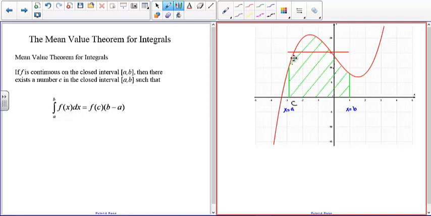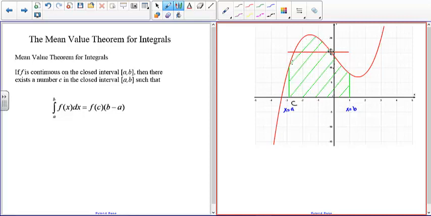Well, c would be the x value that results in the intersection of this line with this curve. There are actually two values of x, because this x value would give me this y value, which multiplied by the delta x, or the difference in the limits, gives me the same area. The area in this rectangle equals the area under this curve.